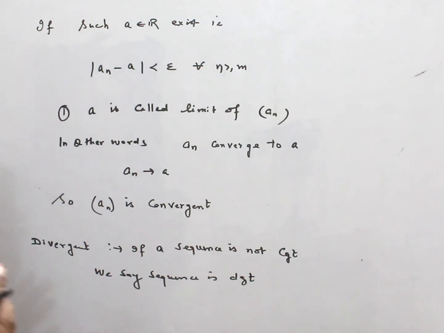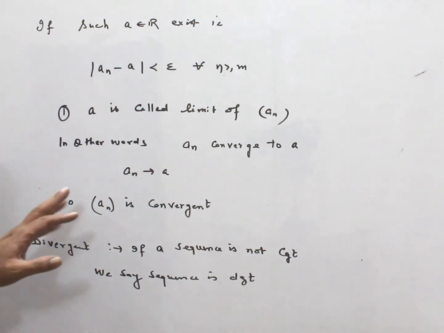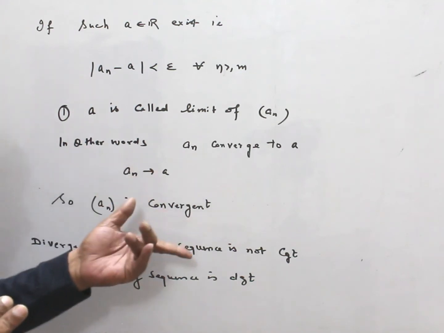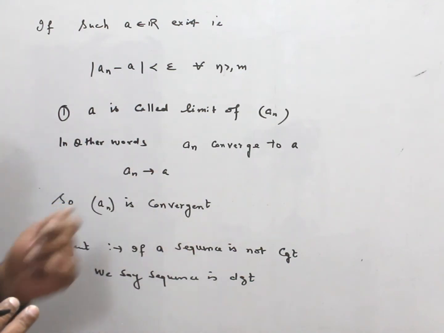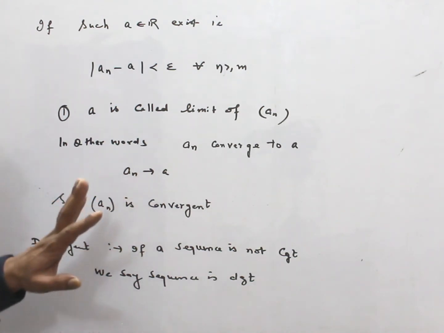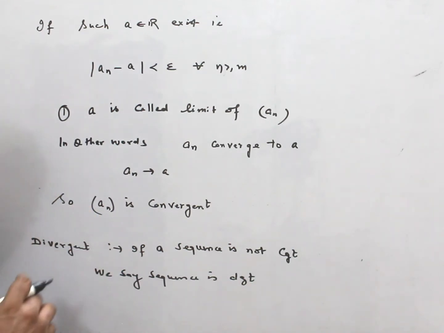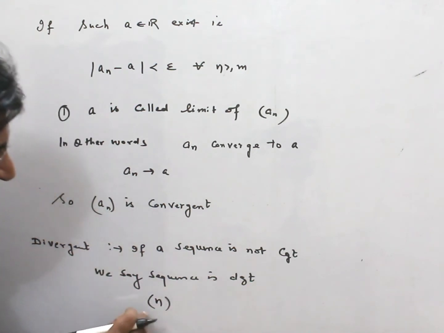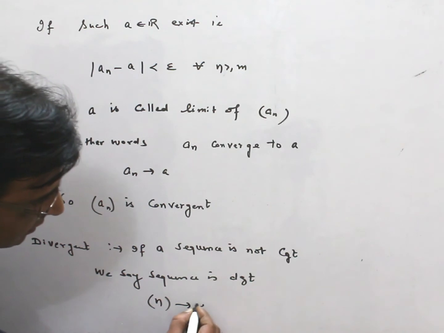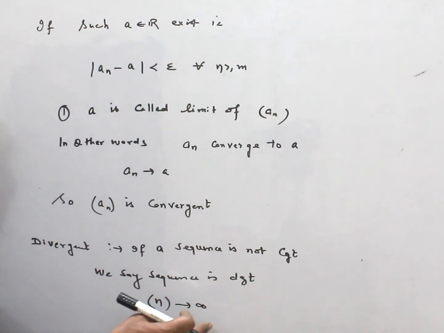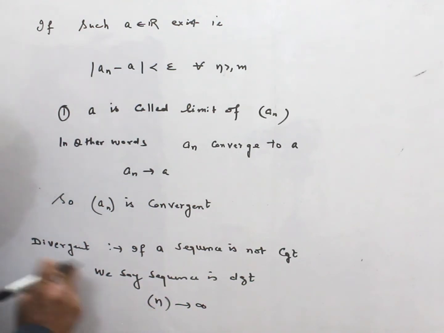Sometimes there is one more type of sequence, the oscillating sequence. This is convergent. One more way we can understand: if A is some finite number, that means the sequence converges to some finite number, then we say convergent. And if this A becomes infinite, we say it is divergent. For example, if I take this sequence, it is converging to infinity, so I say this sequence diverges to infinity. I don't use the word convergent.